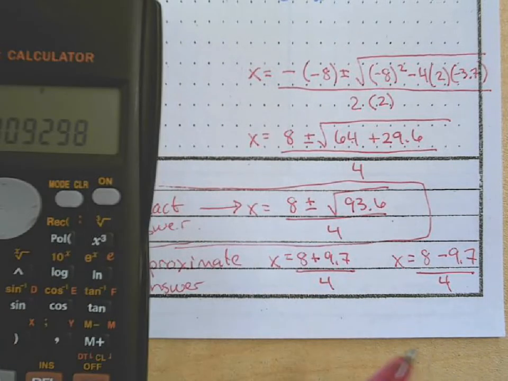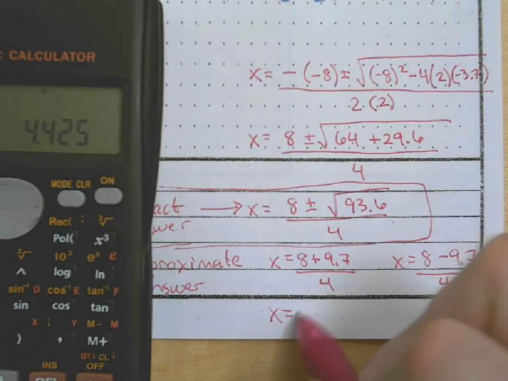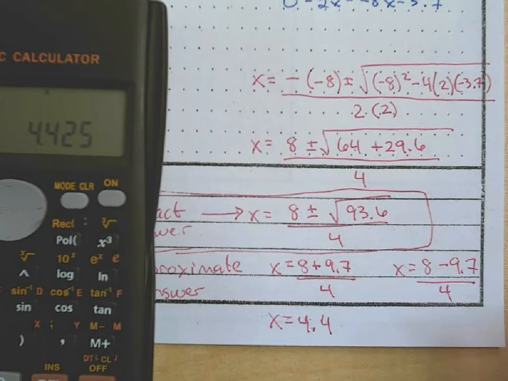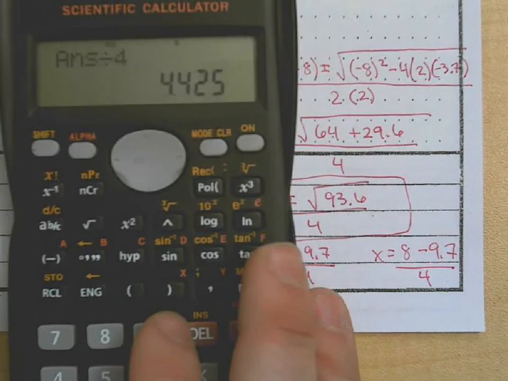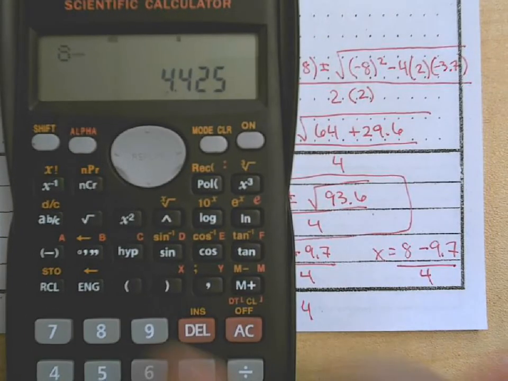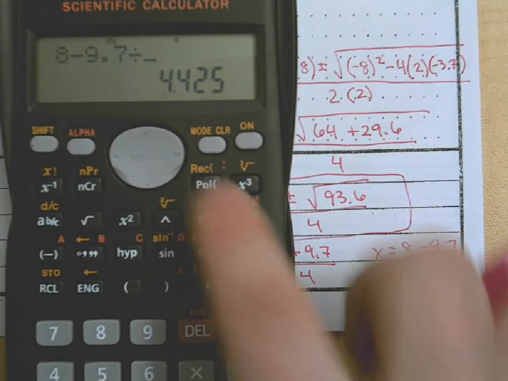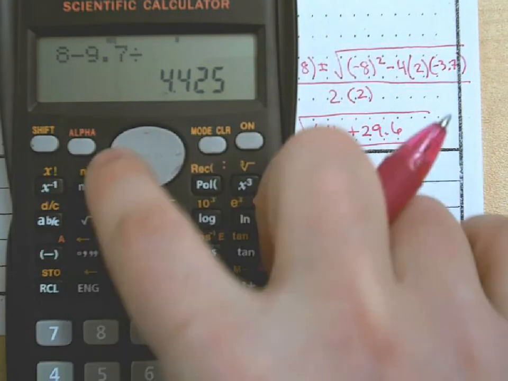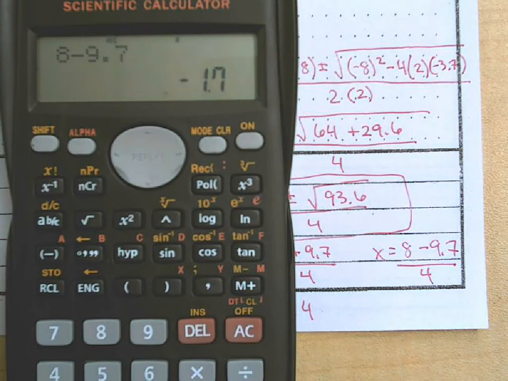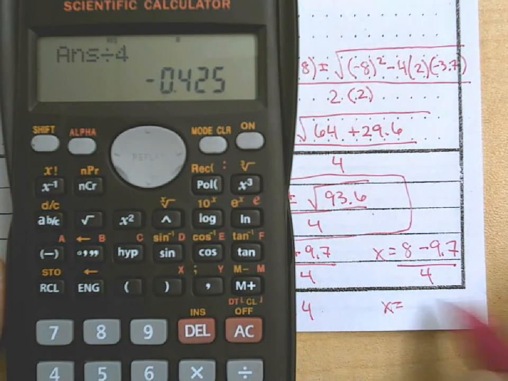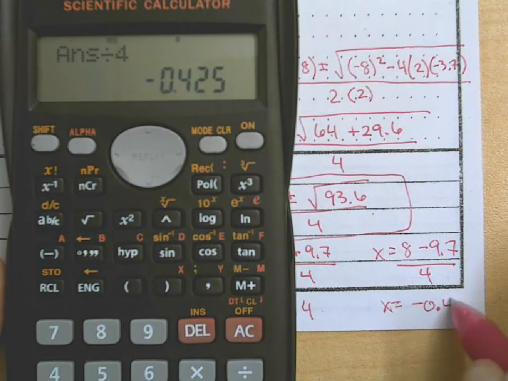So I'll go 8 plus 9.7, then I'll divide that by 4, and I get x equals 4.4. And then I'll do 8 minus 9.7, divided by 4, and I get x equals negative 0.4.